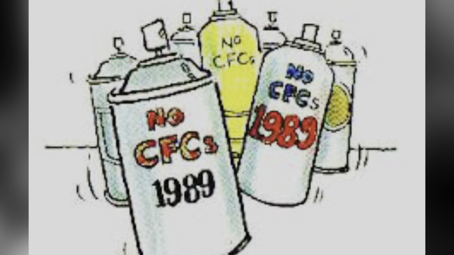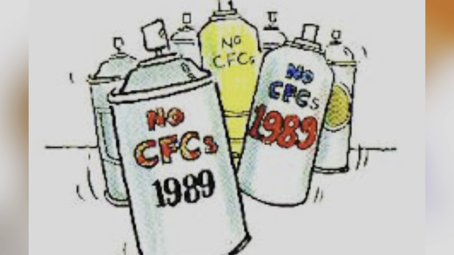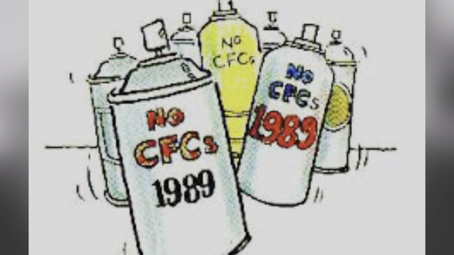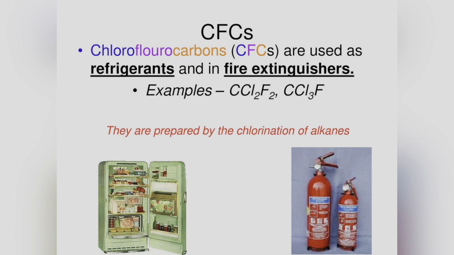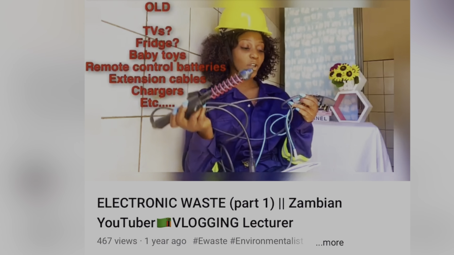We can also please check the labels on our spray bottles and household chemicals, especially those that have to do with pressurized cans, and by all means try to reduce the use of products that contain CFCs. And when it comes to transportation, please opt to walk or use public transport and not drive and pollute our environment. Also choose to dispose of electronic devices like fridges and air cons properly. I also have an electronic waste video, you can watch it, I'll link it down below.